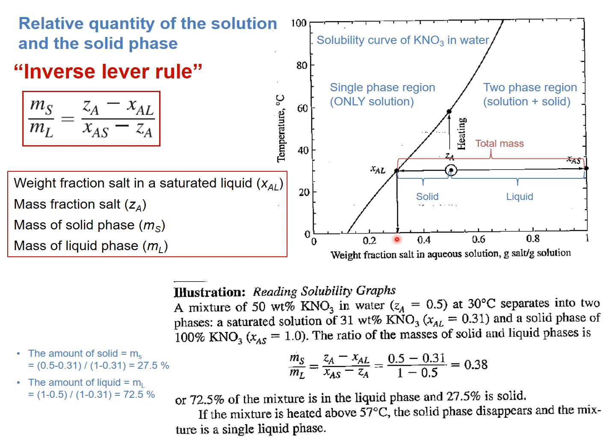Going down there, the value is 0.31. This value is the composition of salt in the saturated solution, because you have read the value from the liquid curve.